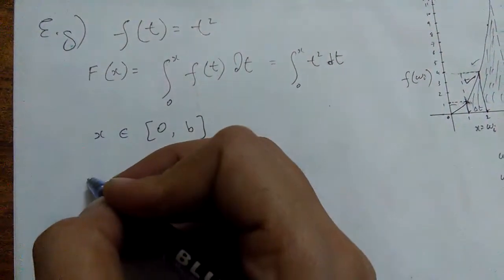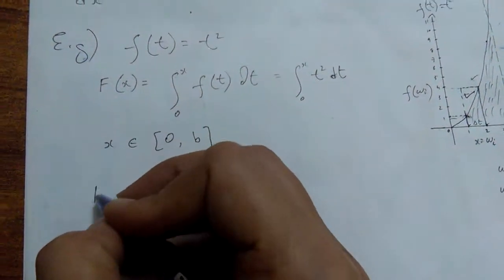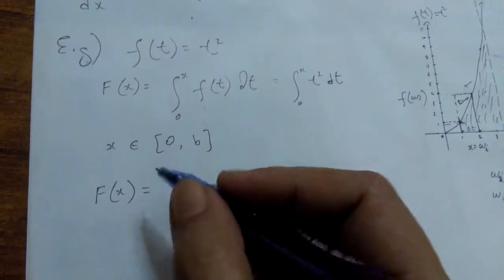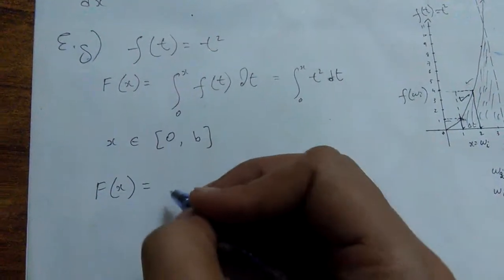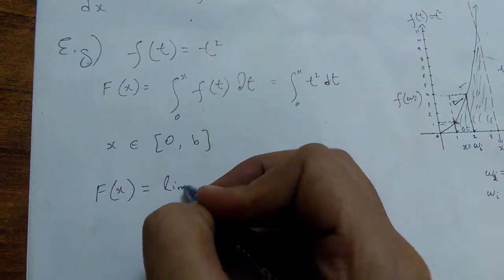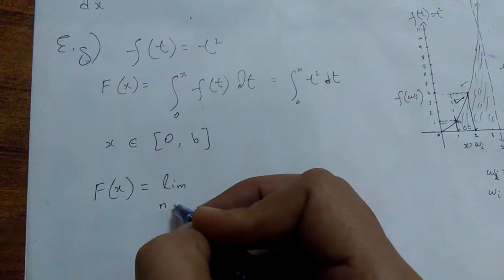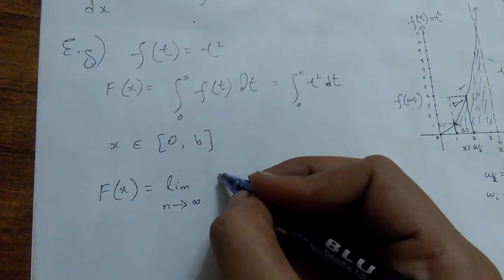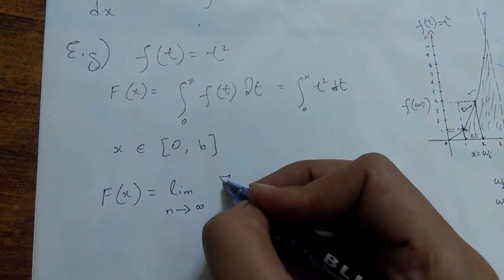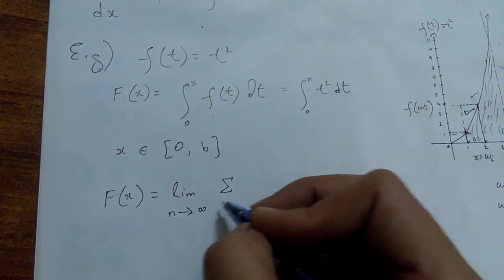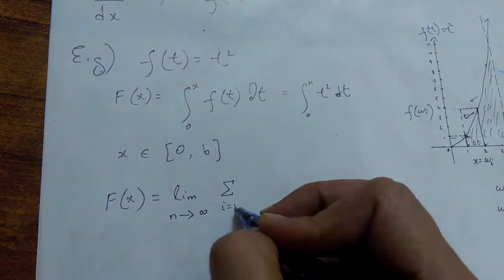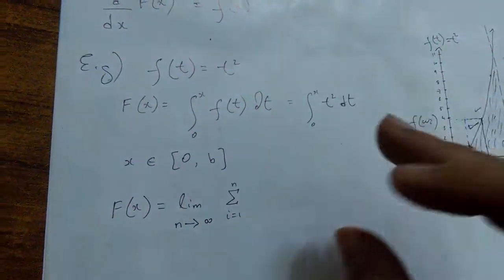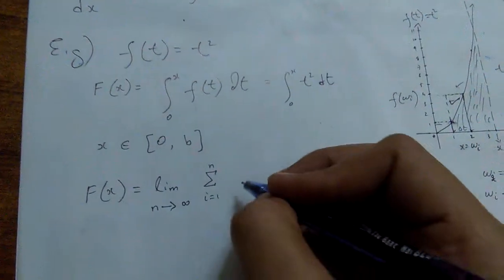According to the Riemann sum, your f of x can be determined by drawing such an infinite number of rectangles, where n represents the number of rectangles and it approaches infinity. It's too difficult to draw the summation like this. So i goes from 1 to n, and you sum up the area of all those thin rectangles.